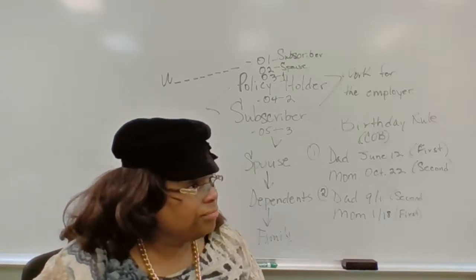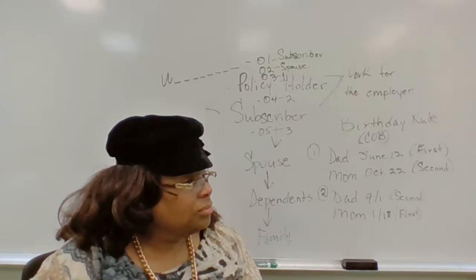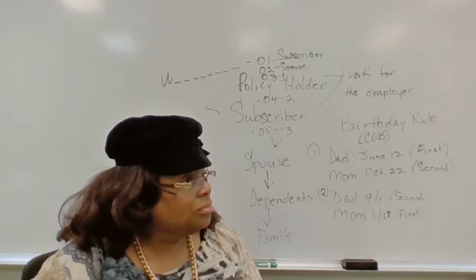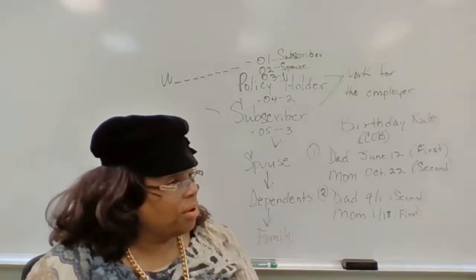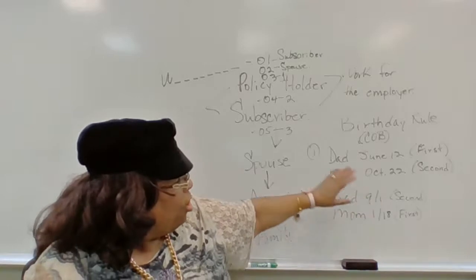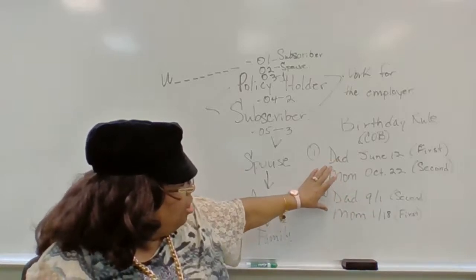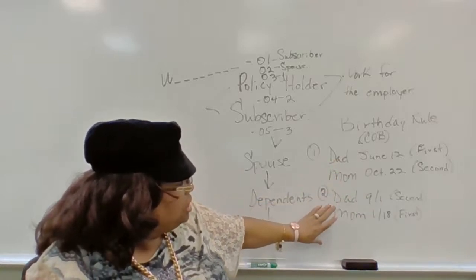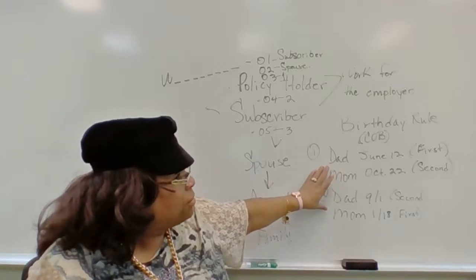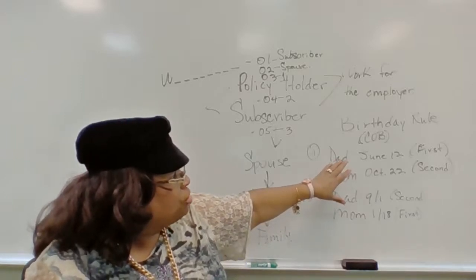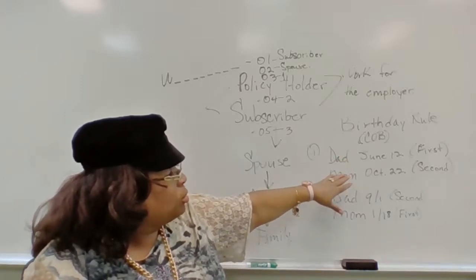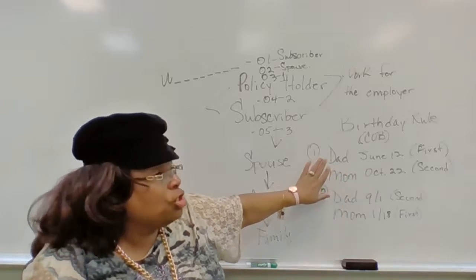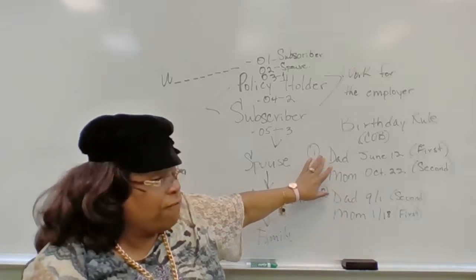So, for the insurance part, to tell whose birthday goes first and whose insurance should be filed first: if the dad's birthday is June 12th and the mom's birthday is October 22nd, that means the dad's insurance is going to be filed first.